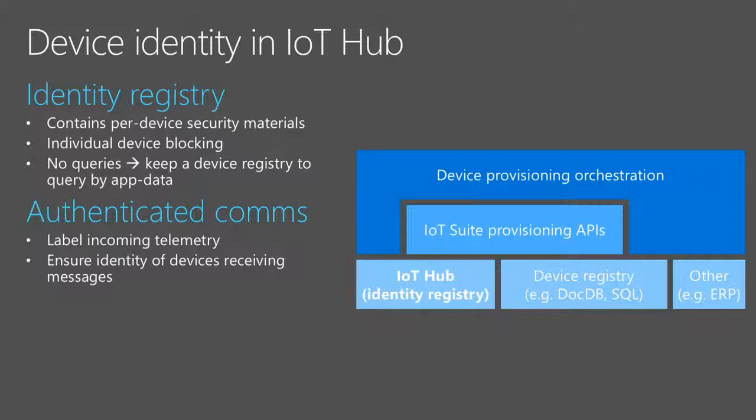Not only do you, of course, have to ensure the identity of the devices that you're sending messages to, which seems obvious, but also, IoT Hub is going to label every incoming message with the provenance of which device sent it and how that device was authenticated when that message was sent. That allows your backend to make informed decisions on when to trust those messages or not.